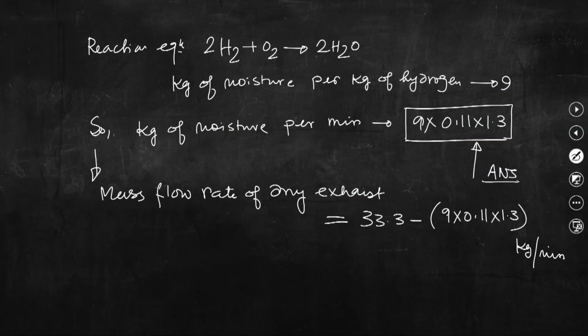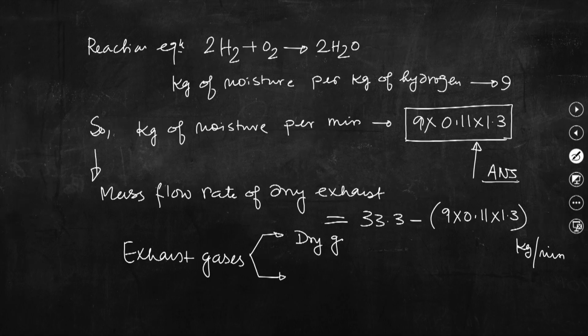Now, heat losses associated with them are to be calculated. So, this is what I can write: exhaust gases have two components, one is dry gas and the other is moisture content.